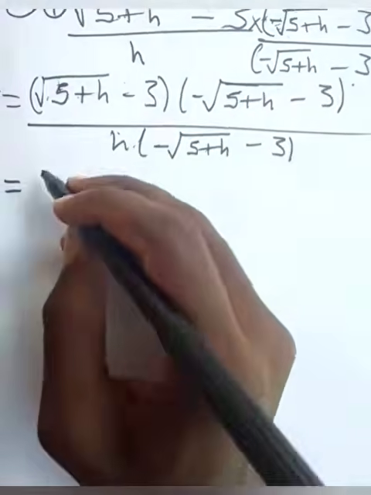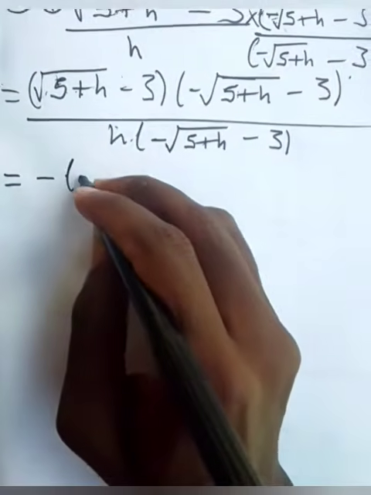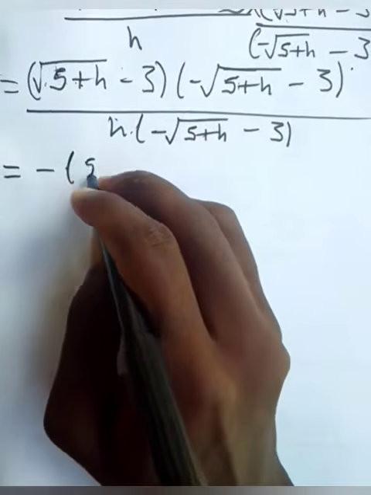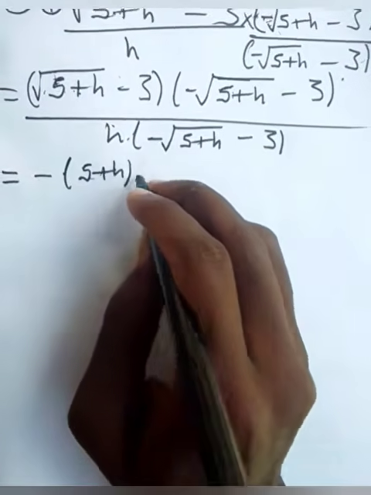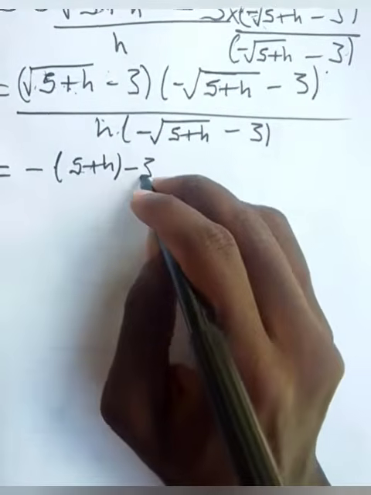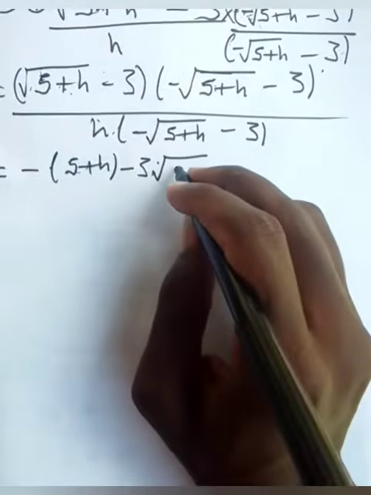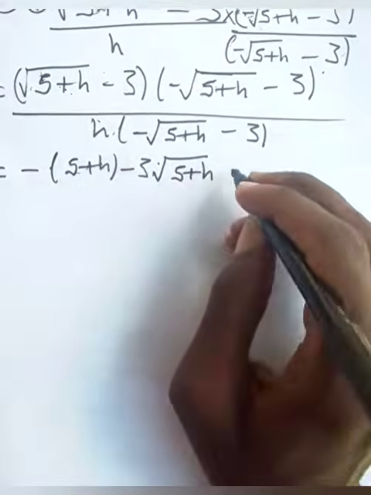So this times this is going to be negative. Since both are square roots and have the same thing under them, we're just going to get rid of the square root and remain with 5 plus h, right? Then this times that is going to be negative 3 times the square root of 5 plus h.